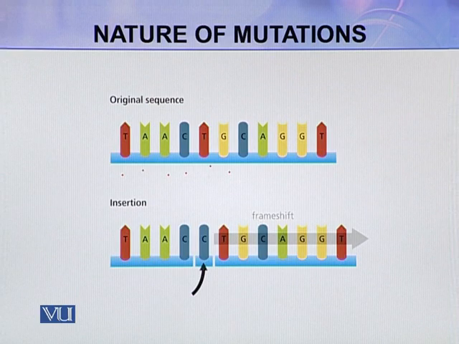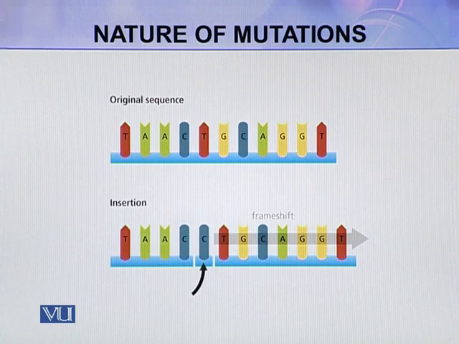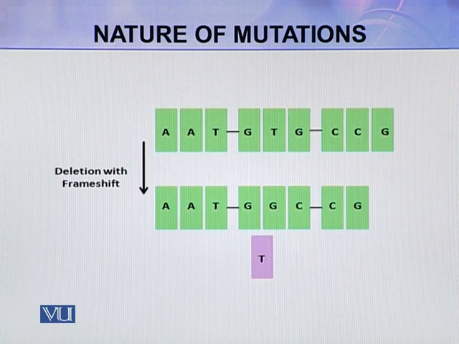This is an insertion where you can see this C. This was not present in the original sequence, but now it is inserted. By the insertion of this single base, the whole rest of the sequence will be frame shifted. So, this will disrupt the whole gene where this insertion has taken place.